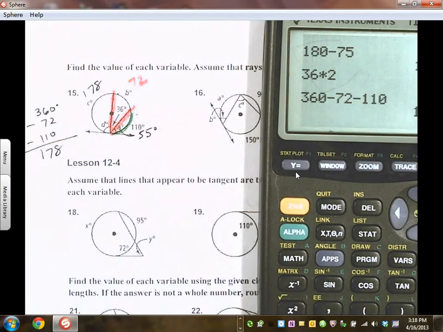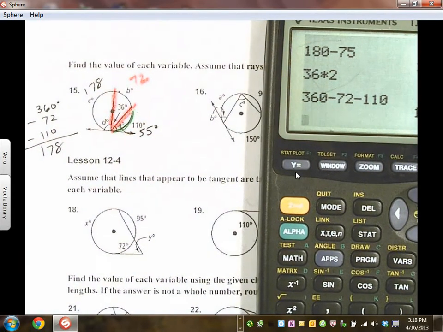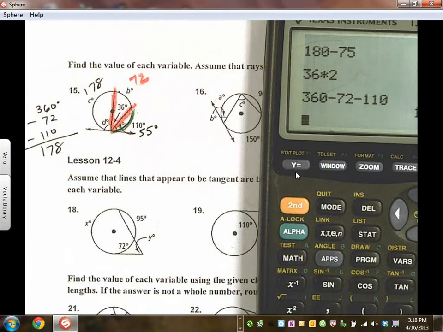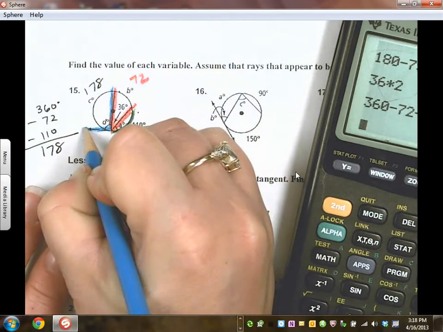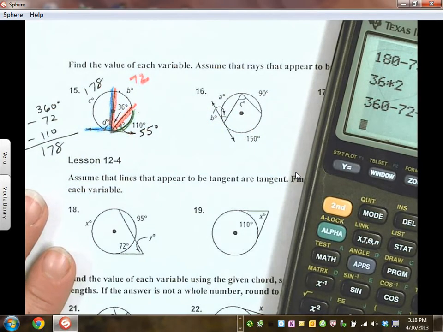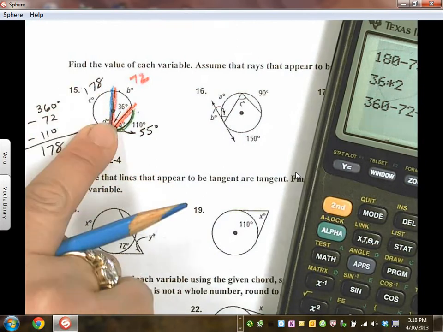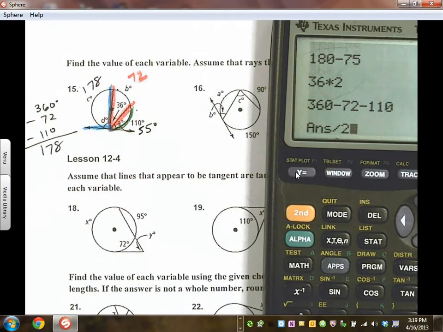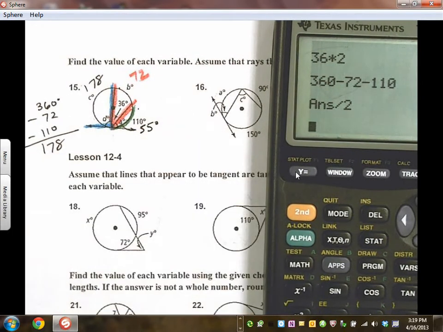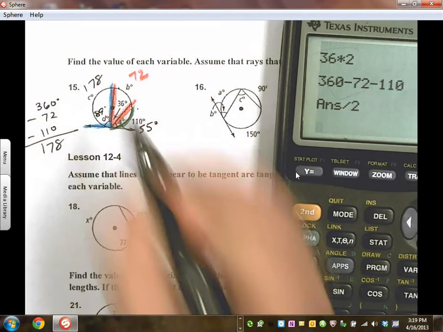So right there's arc C. This is an inscribed angle to that arc. The vertex is on the circle. So in order to go in, we divide, we make it smaller. So 178 divided by 2 is 89. So then we know that D is 89 degrees.